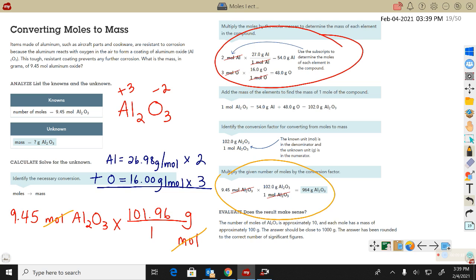We've got 9.45 moles, and each mole is about 102 grams. If that had been 10 moles of aluminum oxide, and each mole is about 100 grams, 10 times 100, I'd be looking at about 1,000. I've got a little bit less than 10 moles, so that number seems reasonable. It should be a little bit less than 1,000 grams.